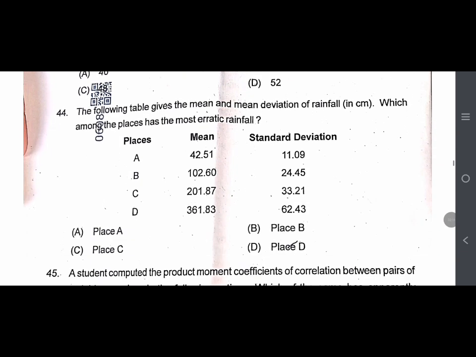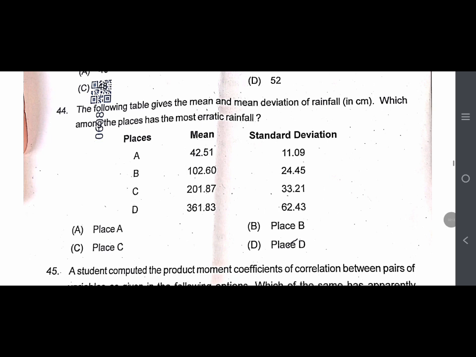क्वेश्चन नंबर 44 The following tables give the mean and mean deviation of rainfall in centimeter. Which among the places has the most erratic rainfall? ठीक आंसर टी हबो ऑप्शन सी 45.